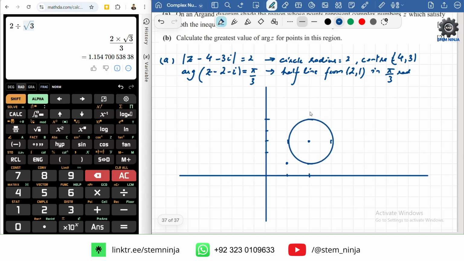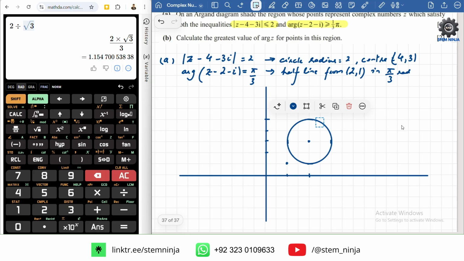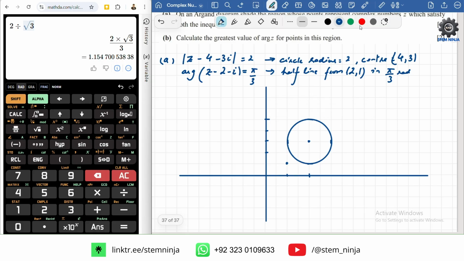Once again, it's better if you do this with a compass in your own working. Okay. So pi by 3 means 60 degrees. So this half line is actually going at 60 degrees. This 60 degrees line would be going slightly above 45.